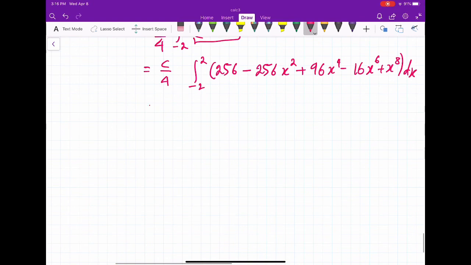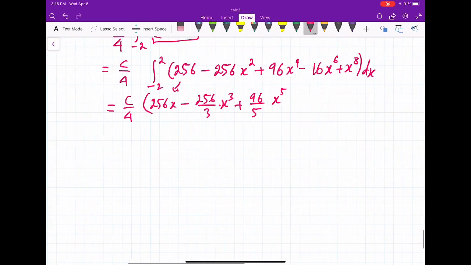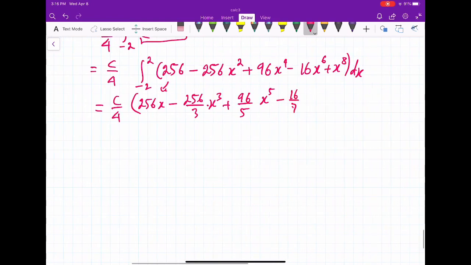And then you integrate this, you get c over 4 times 256x minus 256 over 3 x cubed, plus 96 over 5 x to the 5th, minus 16 over 7 x to the 7, plus x to the 9 over 9, evaluated from -2 to 2.